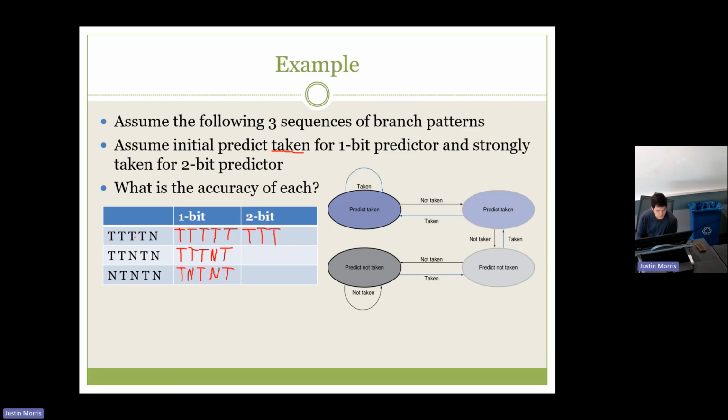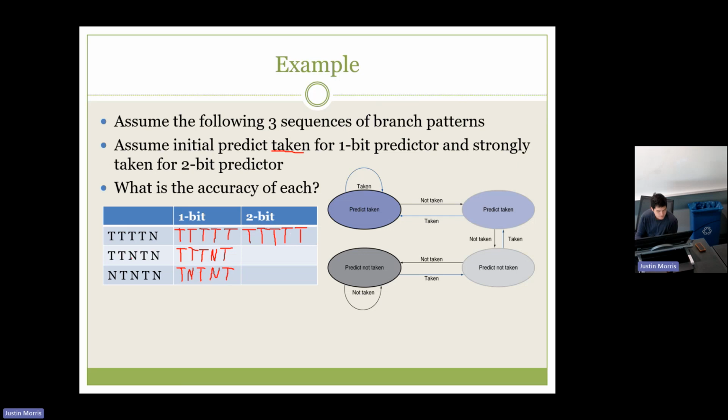We're right again, so we stay. We're right again, so we stay. And this time we're wrong. So we actually need to do some update to the predictor. Which state did we move to? Yeah, weakly taken would be the next state.